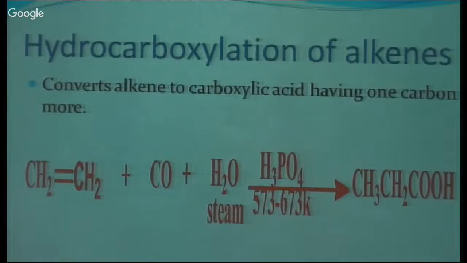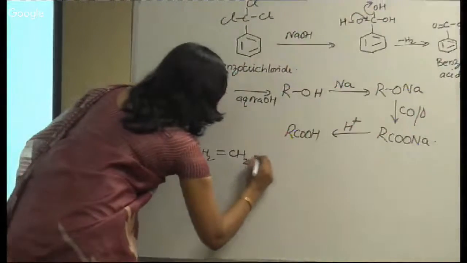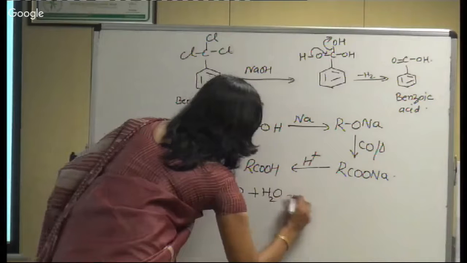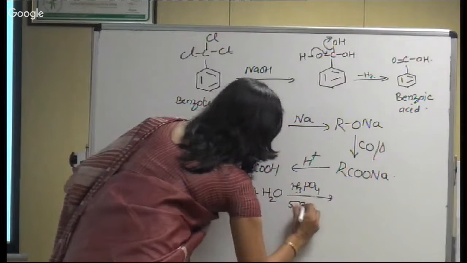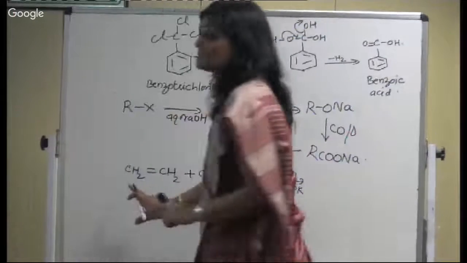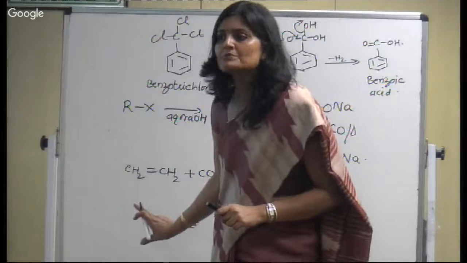You can see. Now how to write the product? It is simple. What you do is you write the alkene. You attach hydrogen to one of the carbon and the carboxyl group to the other carbon.